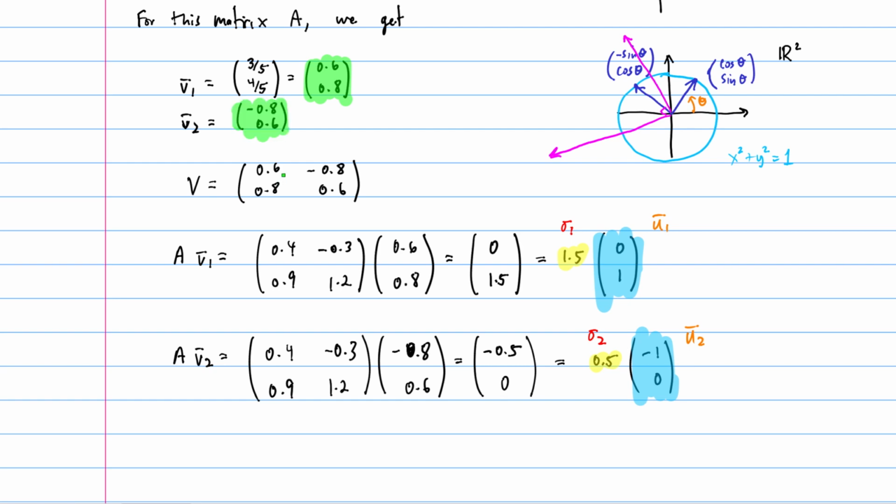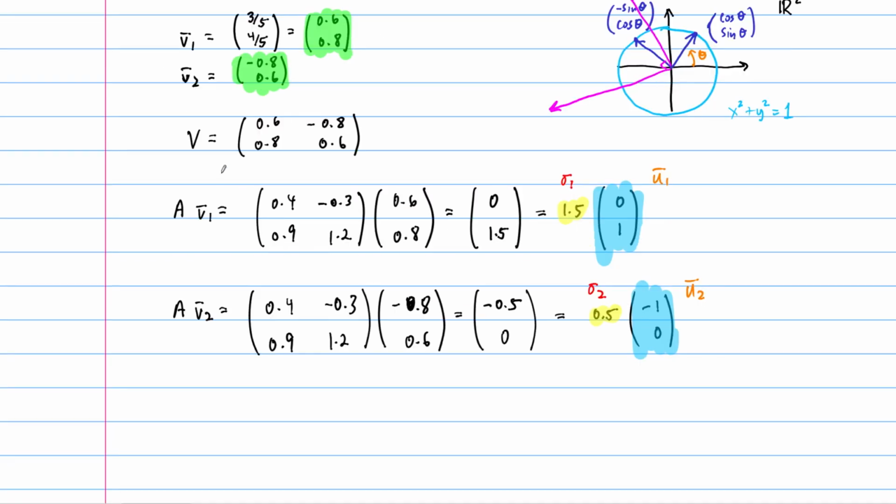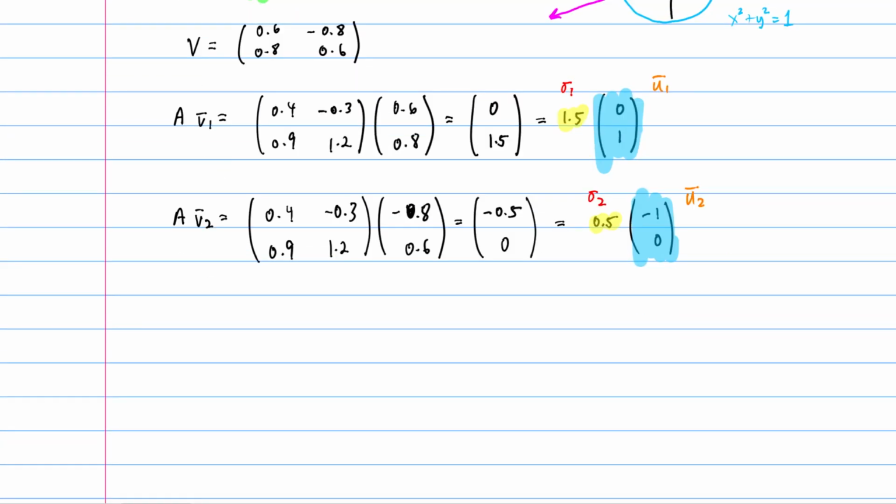We've already got our matrix V, right? But using all this, we can then decompose our matrix into its SVD. So our matrix A is going to be equal to the matrix U. So that's this one. It's going to be 0, 1, negative 1, 0, times the matrix sigma. That's going to be 1.5, 0, 0, 0.5, times the matrix V transpose.